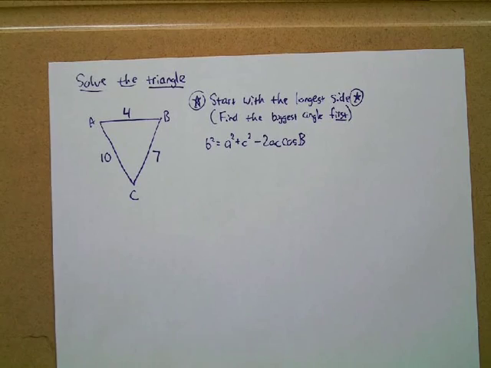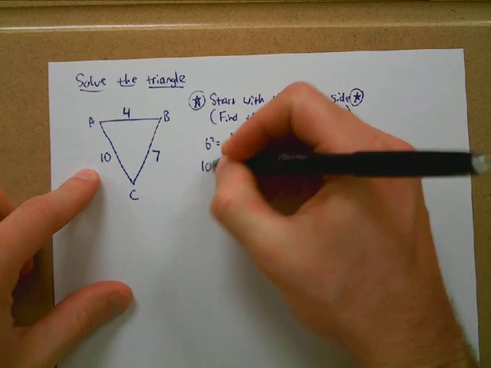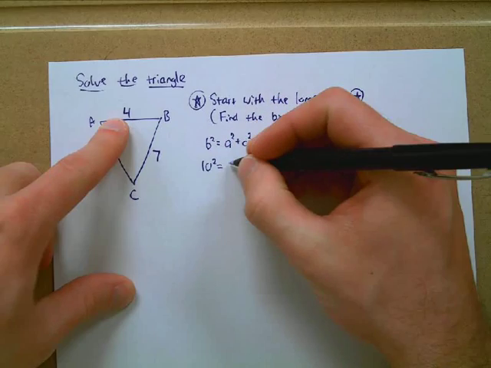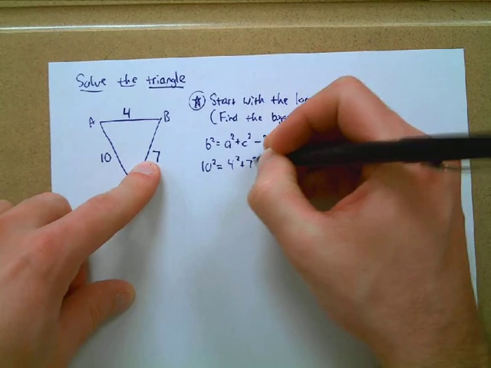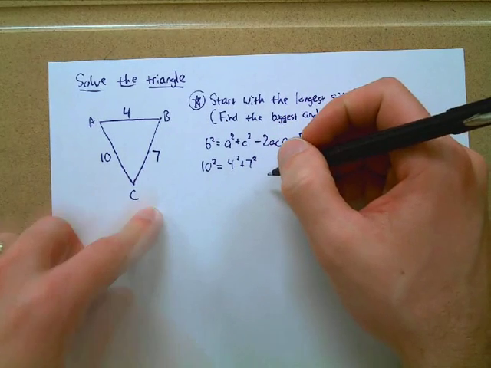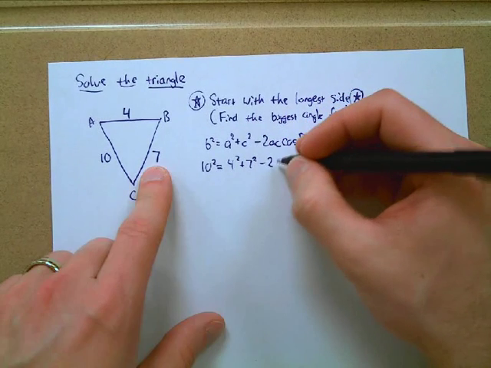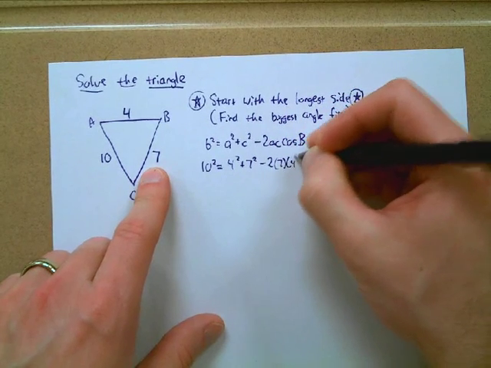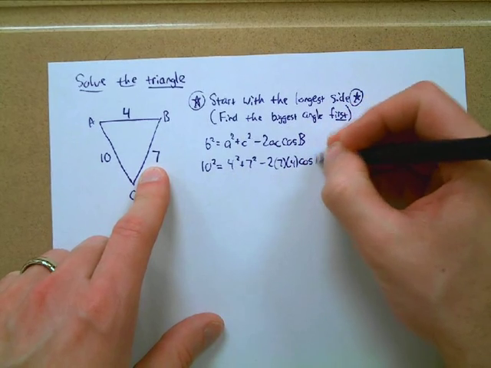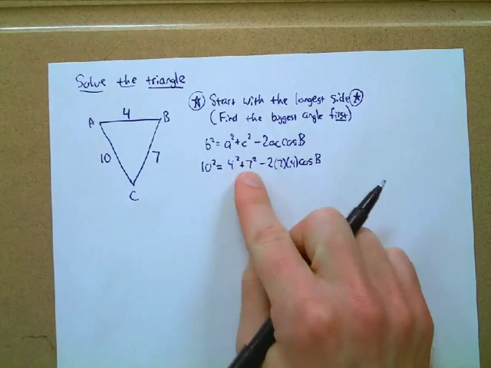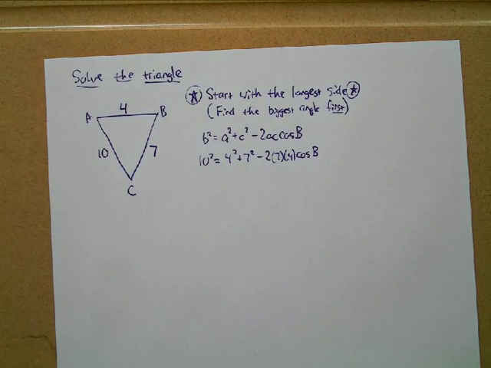Oops, I did that backwards, but oh well, it won't matter. Cosine of B. This should really be 7 squared plus 4 squared there, I guess. Maybe I'll fix it. Okay, 7 squared plus 4 squared.